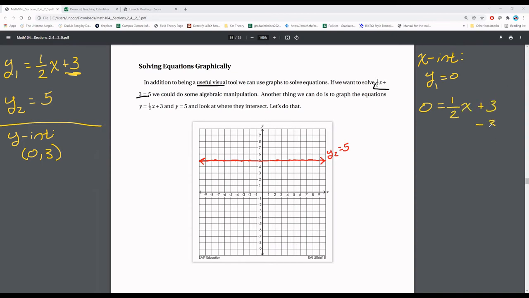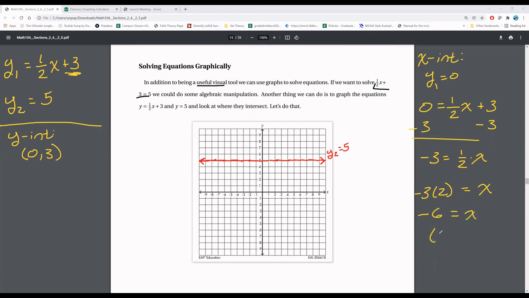Solve by first subtracting 3 from both sides. And to clear this 1/2, I can multiply by 2. Multiply everything by 2 gives me a -6 is equal to x.